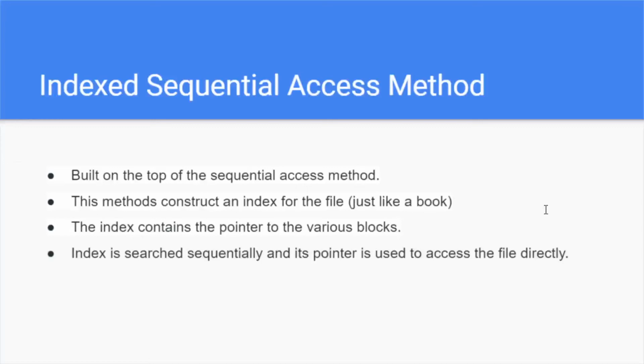If you want to go to a particular topic, you can directly go to the index, find the topic, get the page number and go directly to that page. So there is a key and the pointer is the page number. In the same way, in indexed access, an index is created which contains the key field and pointers to the various blocks or records.